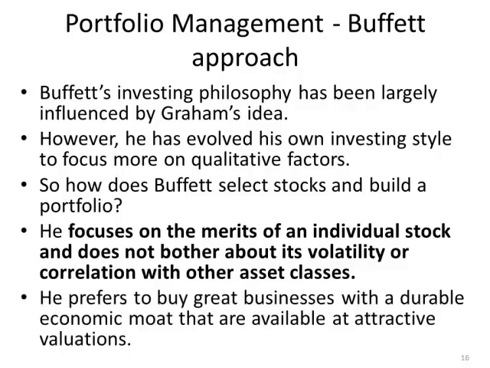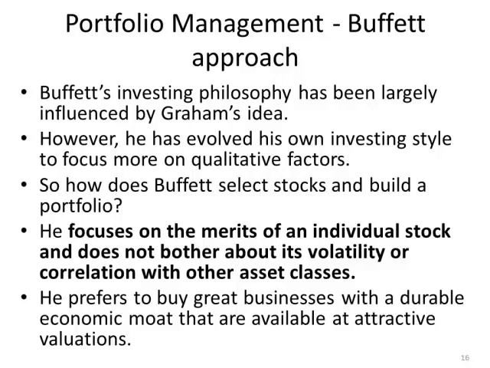And this kind of makes sense if you look at what Warren Buffett's approach is, right? Warren Buffett's approach is to buy great businesses with a durable economic moat that are available at attractive valuations, right? So it is all about finding companies that are expected to perform strongly over time, that have these economic moats, which means that they can earn above average returns for a significant period of time. And if such a company is available at an attractive valuation, so at a good price, then we invest in that company.